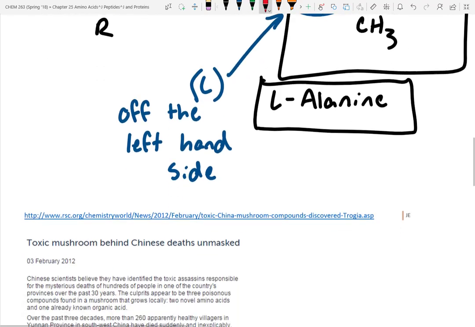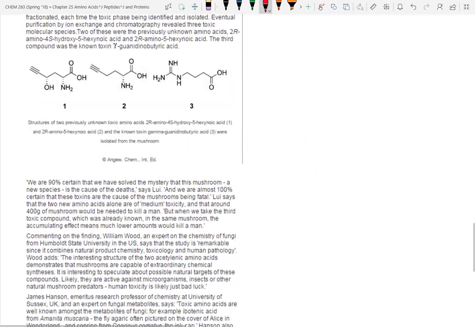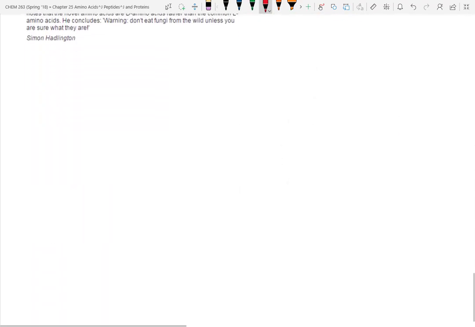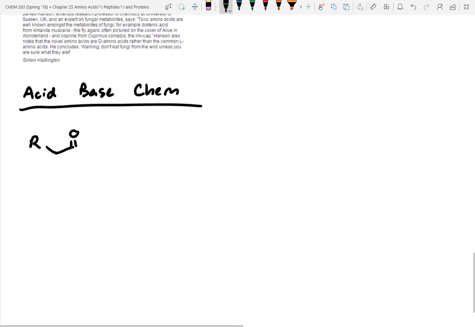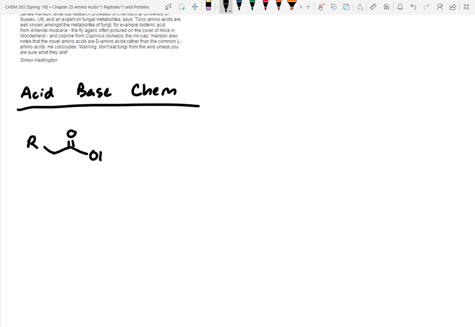All right, last thing before we head out is the amino acids I've been showing you actually do a bunch of acid-base chem. And we'll talk more about this later. Let me zoom out a bit too. So I've got my amino acid like this.